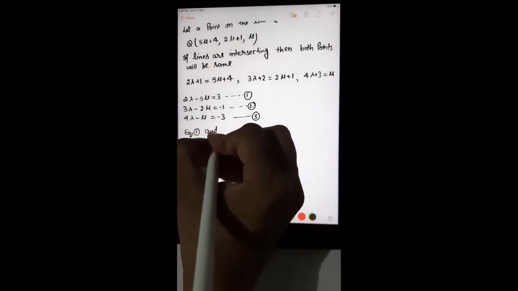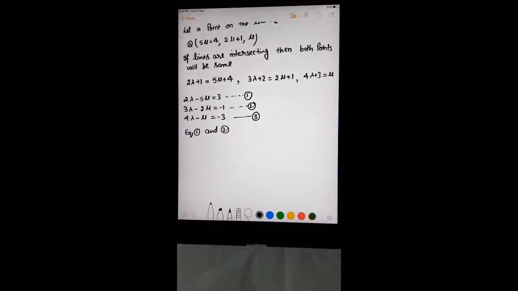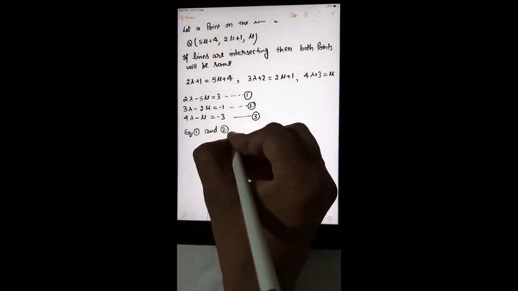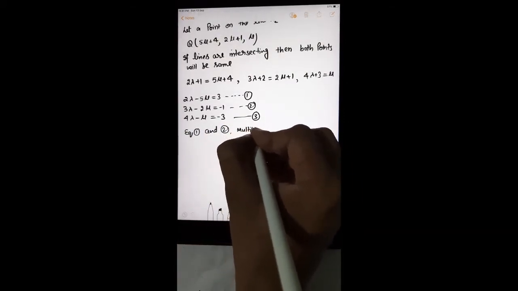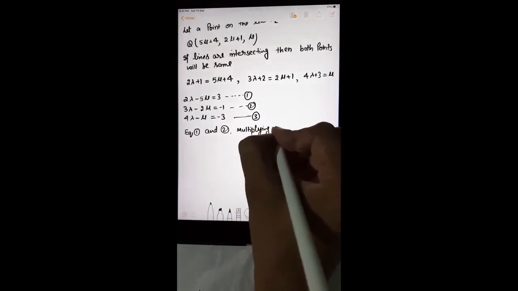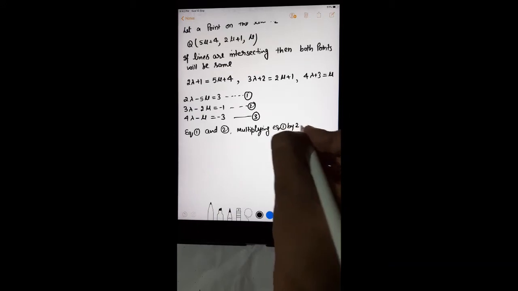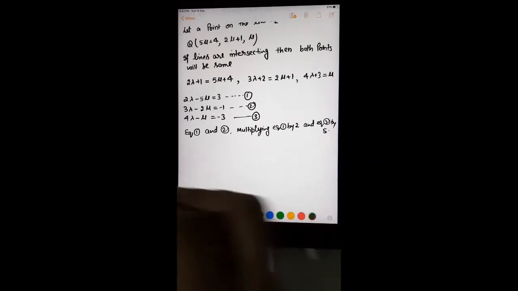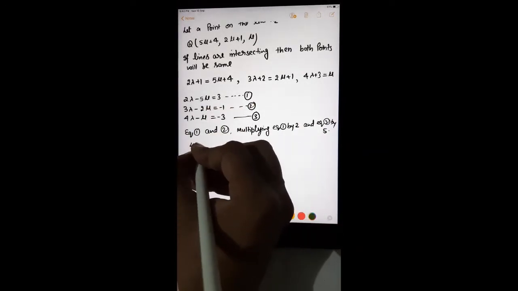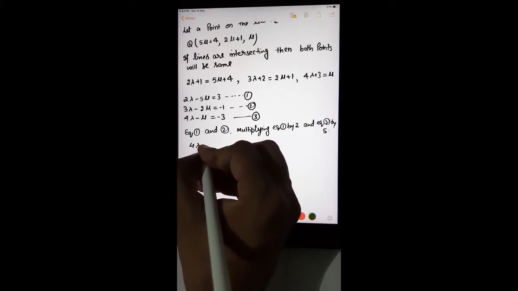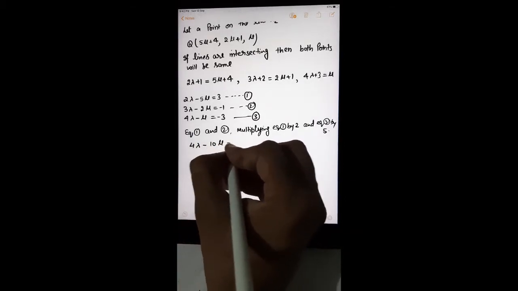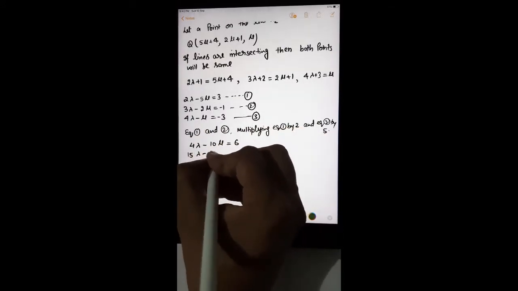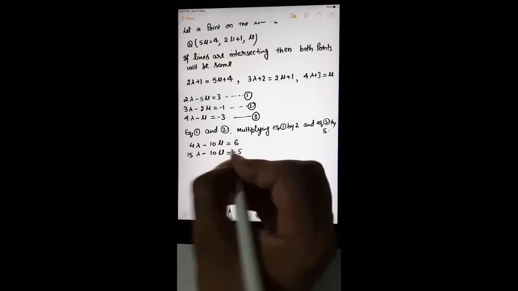So from equation 1 and 2, let us solve. Multiplying equation 1 by 2 and equation 2 by 5, we get 4 lambda minus 10 mu equals 6, and 15 lambda minus 10 mu equals minus 5.